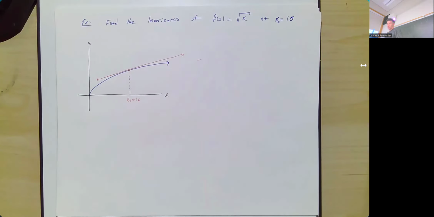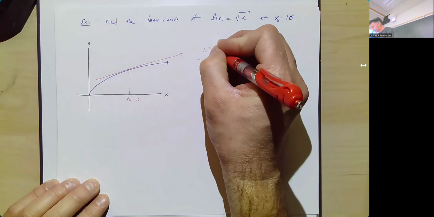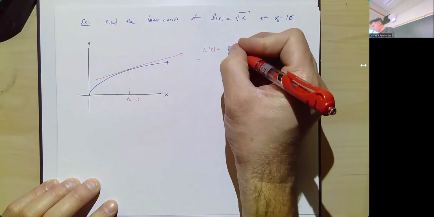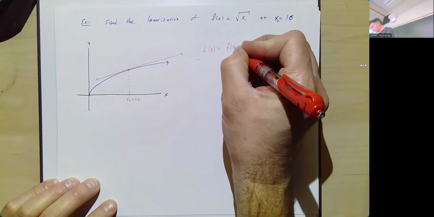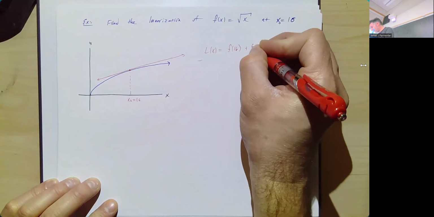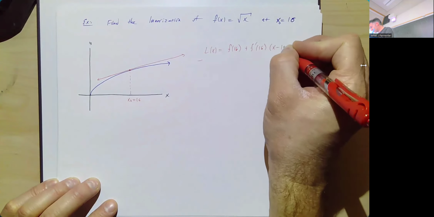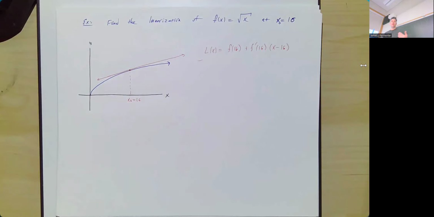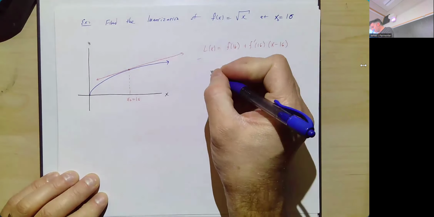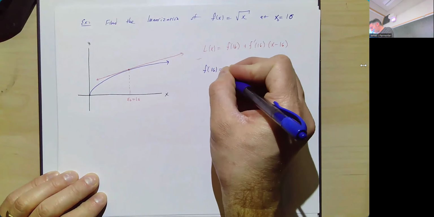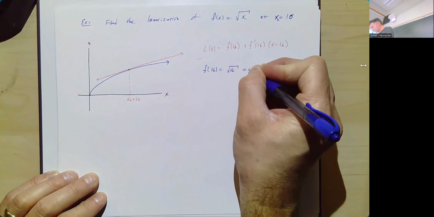How do I find the equation this time? Well, I'm just going to use the linearization formula. L of x is going to be f of 16 plus f prime of 16 times x minus 16, just substituting 16 in place of x naught. I still have to find the values though. f of 16 is the square root of 16, which is 4.